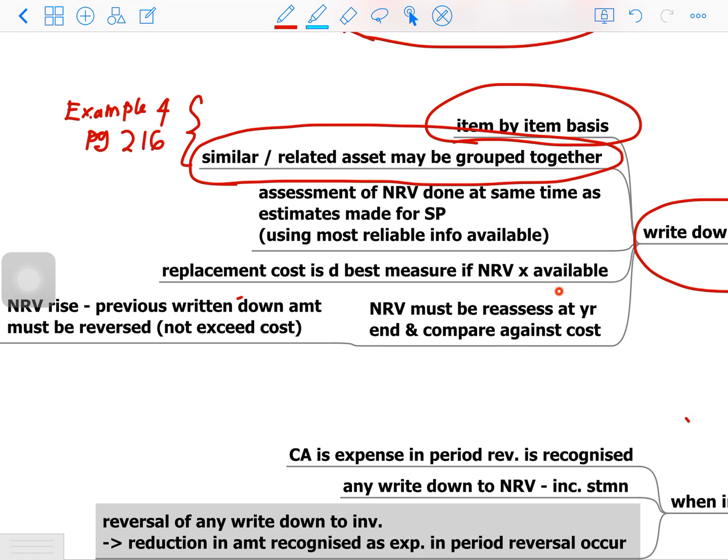That's why replacement cost is the best measure if you cannot estimate the net realizable value of this product because of the damage.